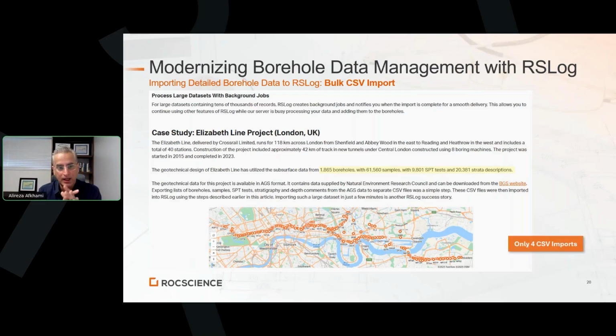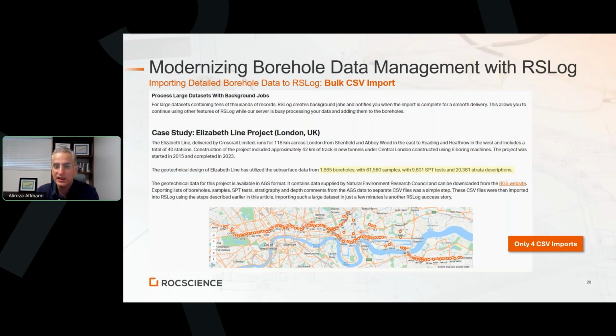Now, one case history to share with you, one good example is the Crossrail project, the Elizabeth Line project in London, UK. This is a real project with more than 1,800 boreholes, 61,000 samples, about 10,000 SPT records, and more than 20,000 strata descriptions. All of these in only 4 CSV files.